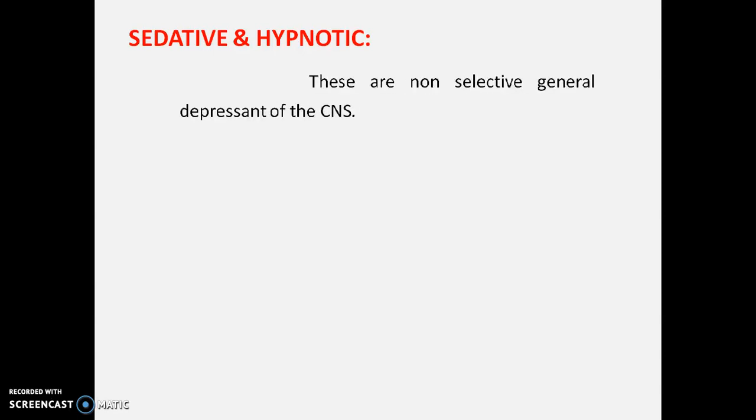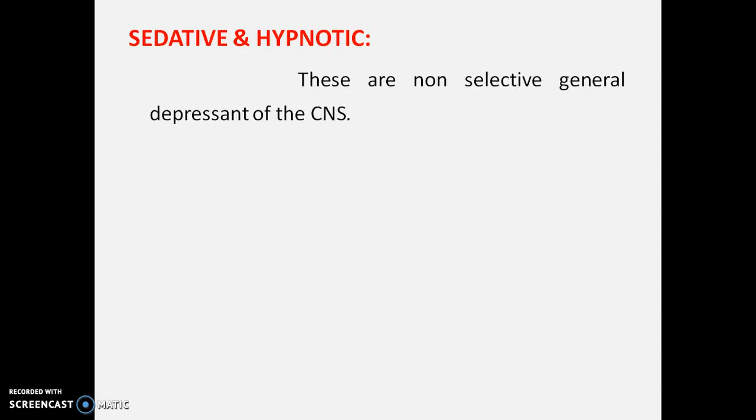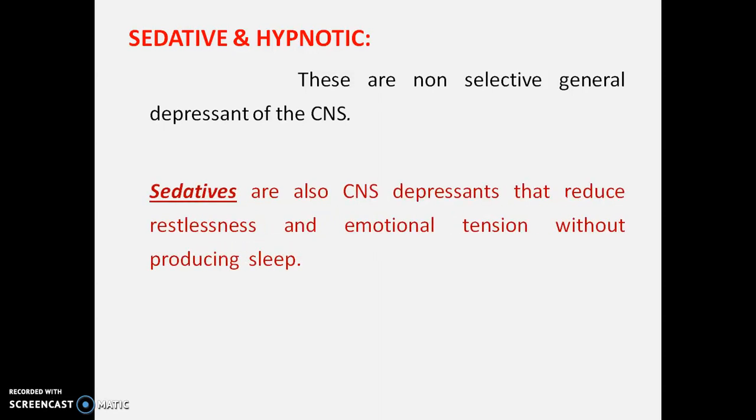Now moving on to the next slide, let's discuss the sedatives and hypnotics. So let's discuss sedatives. These are non-selective general depressants of the CNS. Sedatives are CNS depressants that reduce restlessness and emotional tension without producing sleep.